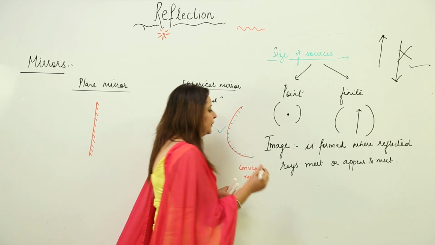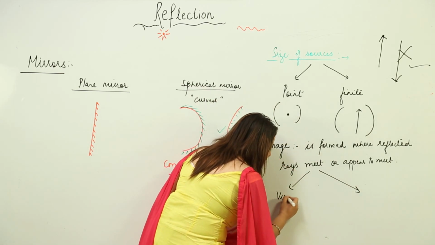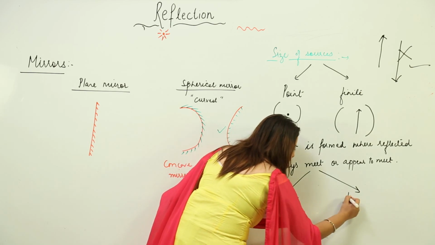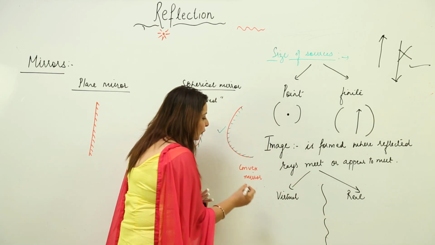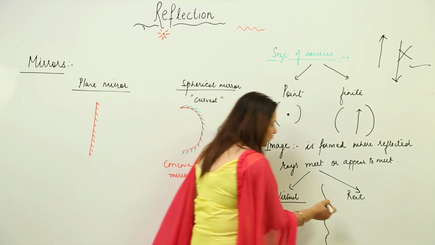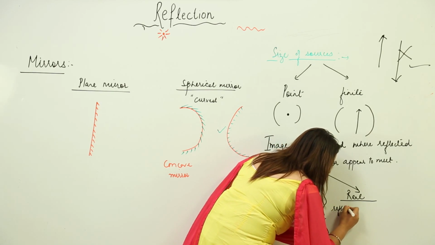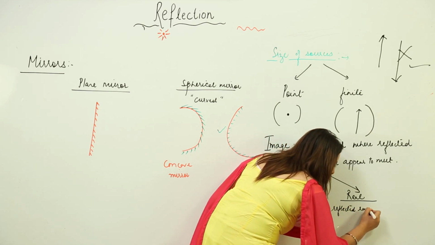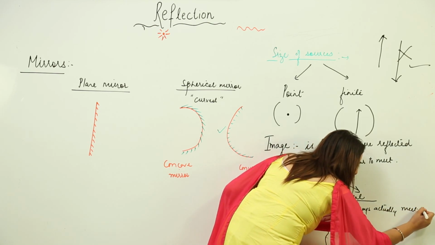Depending upon that, we see two kinds of images. One is a virtual image, the other is a real image. So what is the difference between the two? First we'll start with the real image. A real image is formed when reflected rays actually meet at a point.